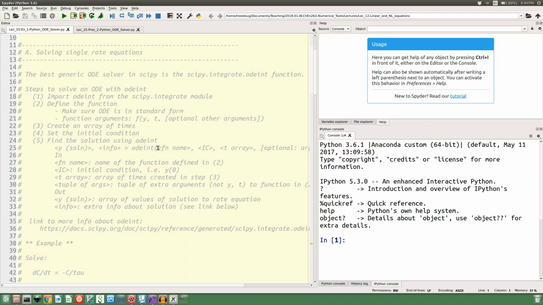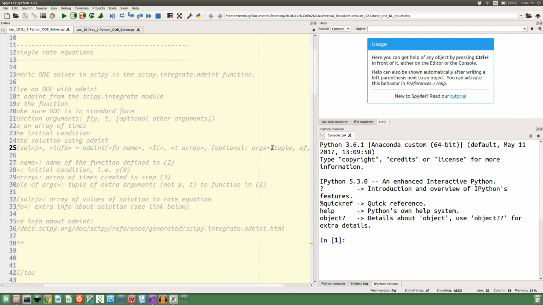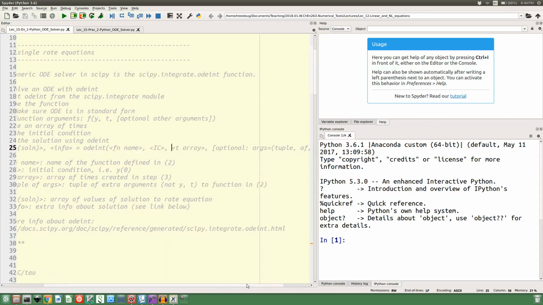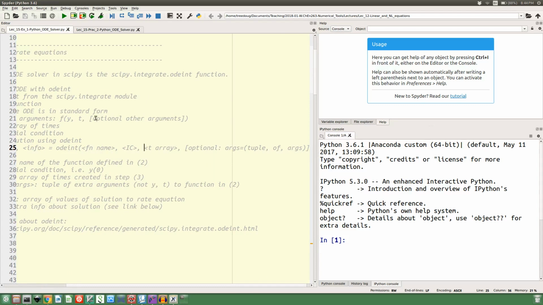ODEint takes the function name as its first parameter, the initial condition as the second parameter, the array of times that we created in step 3 as the third parameter, and then it takes other arguments that you might add, which were the right-most arguments to the function, if you put args equals some tuple that has those arguments in it.